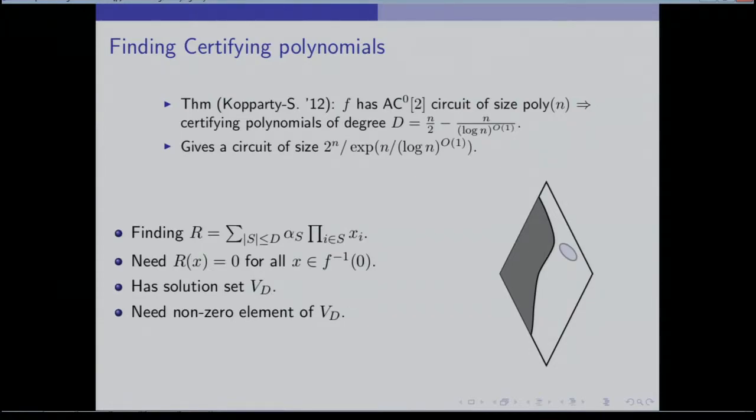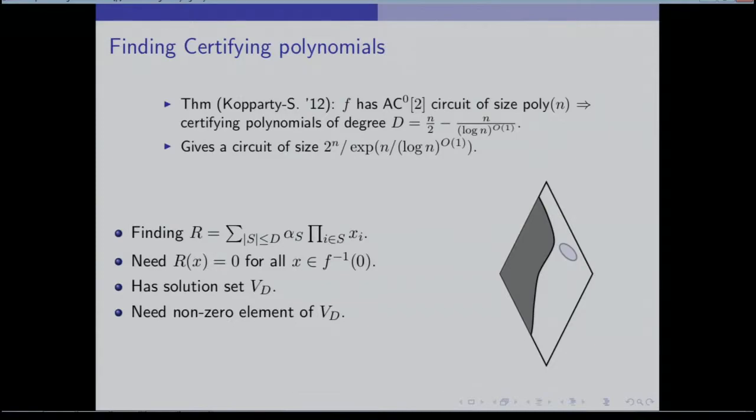Note that the number of variables here is something like the number of monomials of degree at most t, so it's much smaller than 2 to the n. But the number of constraints here is, let's say the function is balanced, like 2 to the n. So a priori you have an over-determined homogeneous system of linear equations, and there's no reason to expect that this has a non-zero solution.